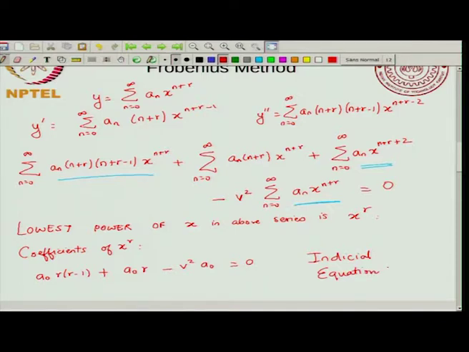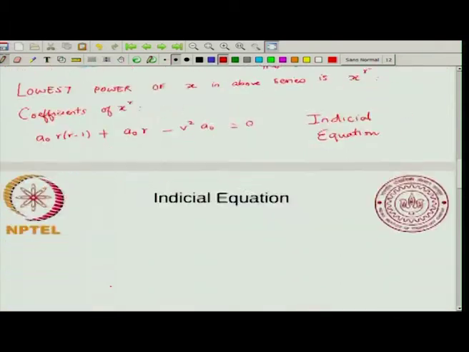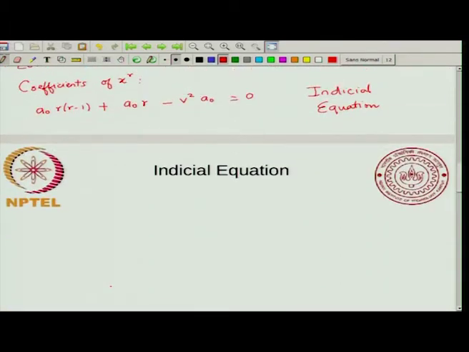You can just cancel a 0, and the indicial equation can be written as r square minus r plus r minus v square equal to 0, which gives r square minus v square equal to 0.